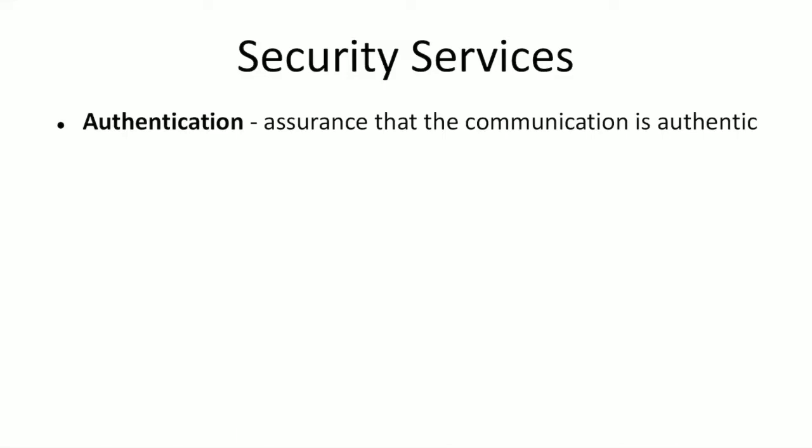The authentication service is concerned with assurance that the communication is authentic. In the case of a single message, such as a warning or alarm signal, the function of the authentication service is to assure the recipient that the message is from the source it claims to be from. In the case of an ongoing interaction, such as the connection of a terminal to a host, two aspects are involved.